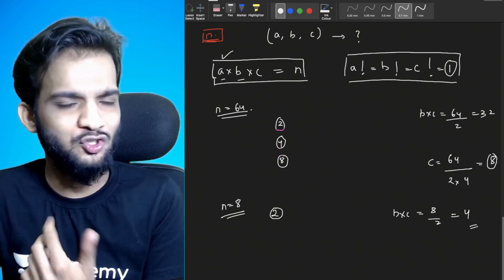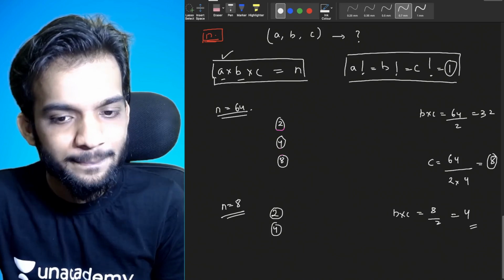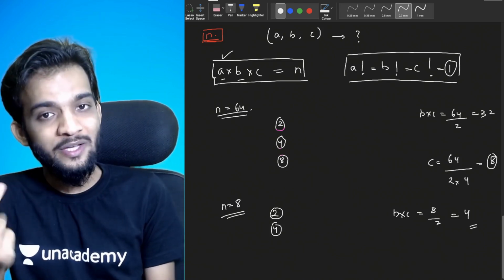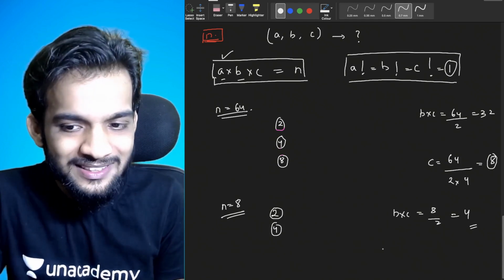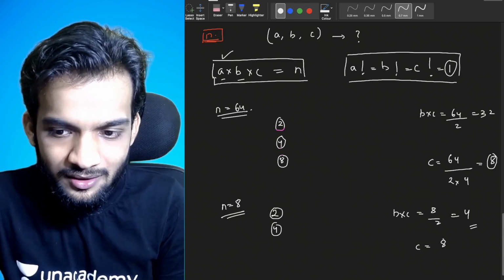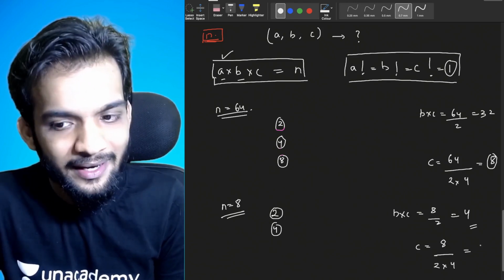It's not 2 definitely, it's 4. So the smallest factor other than 2 in 4 is 4. So what will c be left with? The number is 8, a is 2, b is 4, so it'll be 8 by 8, that's 1.